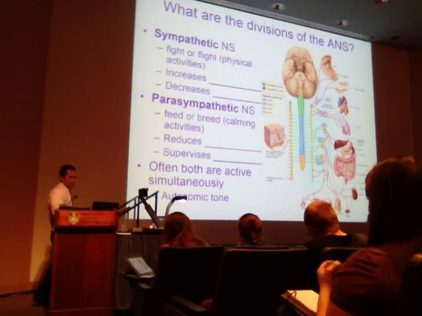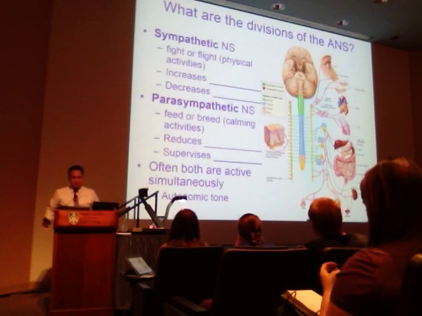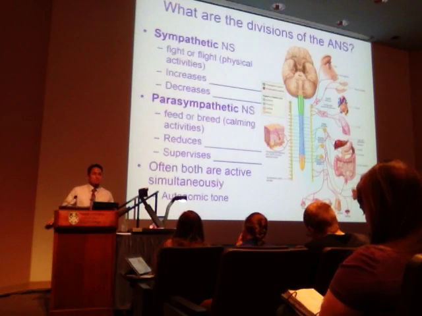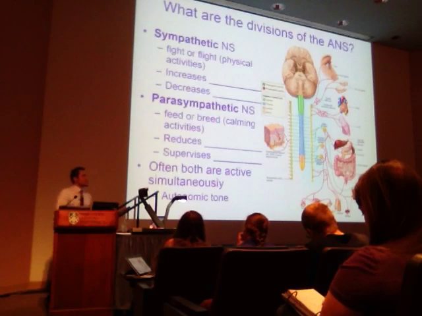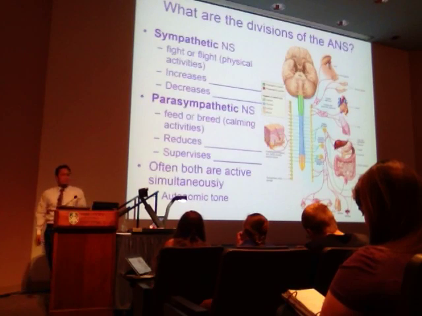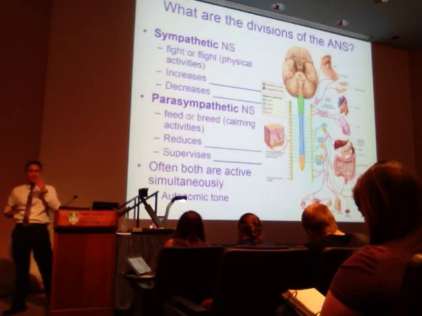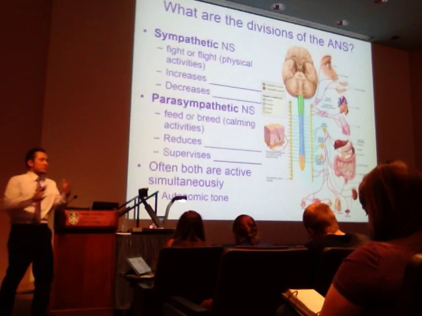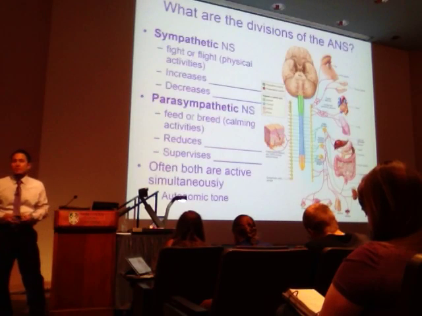Things that it decreases: it decreases or shunts blood away from the digestive tract. It decreases blood perfusion to the skin. You shunt blood away from the skin and the GI tract to the exercising muscle so that you use it there where it's more needed at that moment in time.